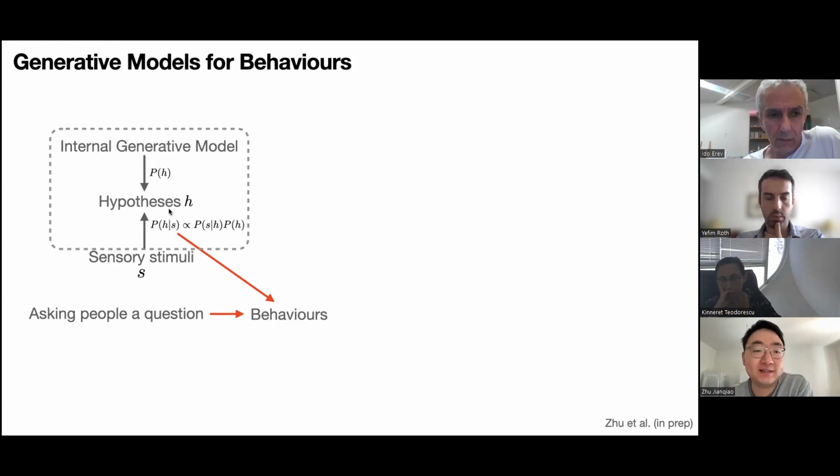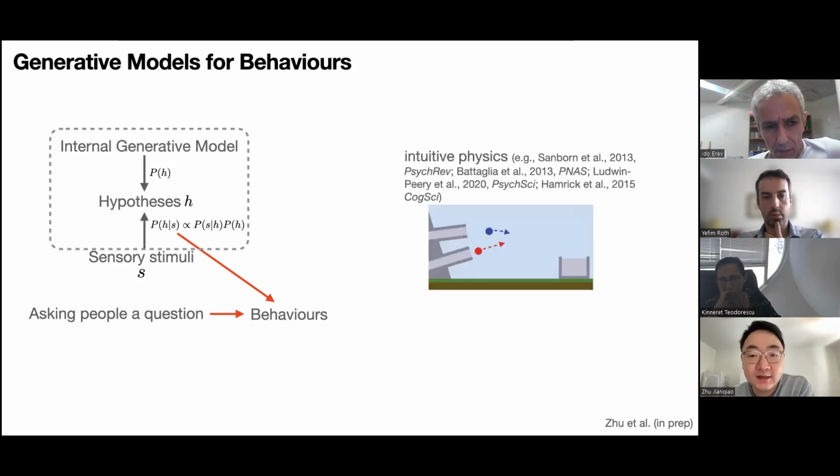And we just draw a sample from this posterior distribution. We call it a hypothesis sample. And then these hypothesis samples can be used to form behaviors when people are asked questions.